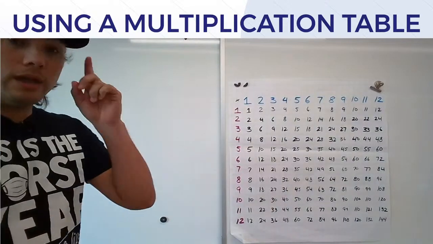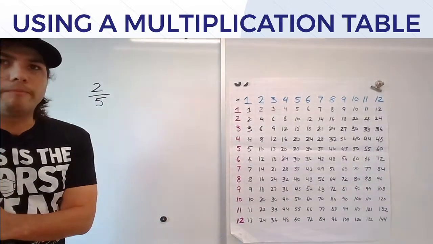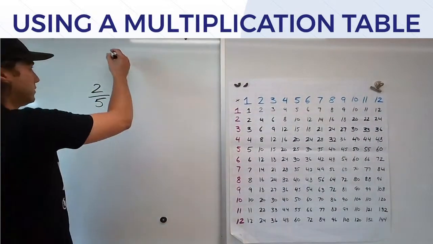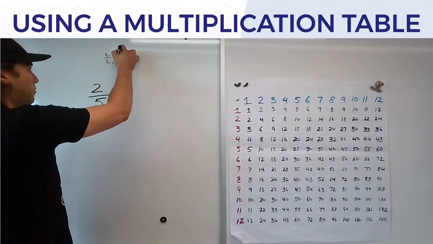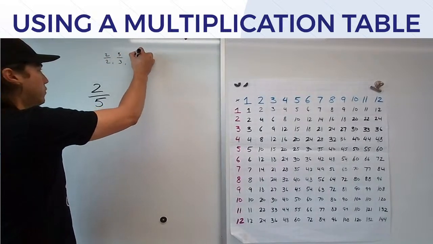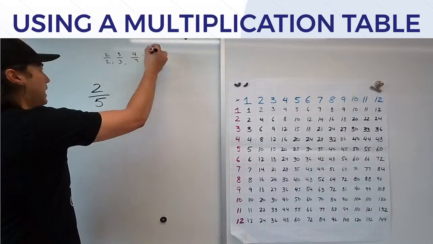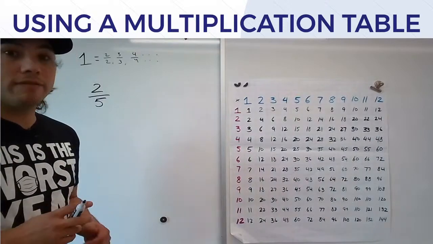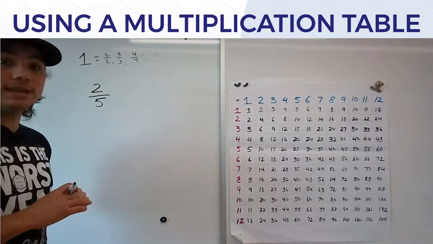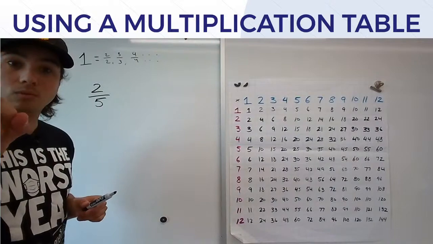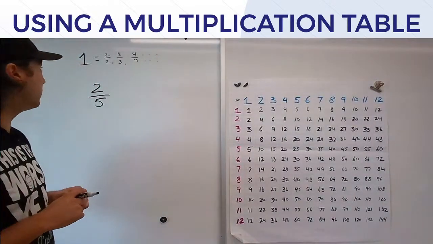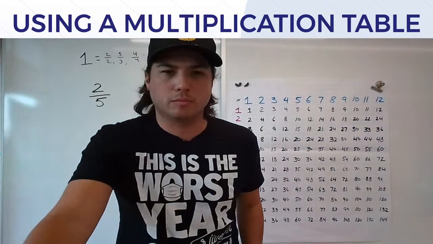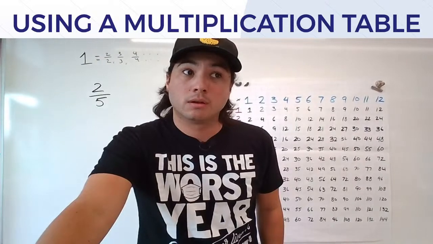Now, if we remember using our multiplication equivalence of 1, and reminder, some examples of equivalence of 1: 2/2, 3/3, 4/4, etc. Anytime you have the same numerator and denominator, that equals 1. So by multiplying by an equivalent of 1, we're not changing the value, because when you multiply something times 1, it just equals itself.